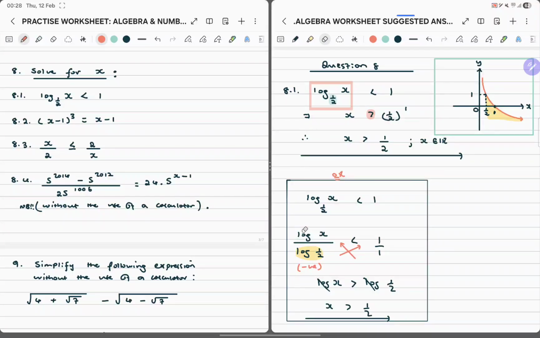We know that this can never be negative, because this whole shenanigan cannot be negative. Why I know it is only because any log of a variable to a positive base that is greater than 1, when we don't write it, it's a base 10. Now base 10 means it is greater than 1, okay?